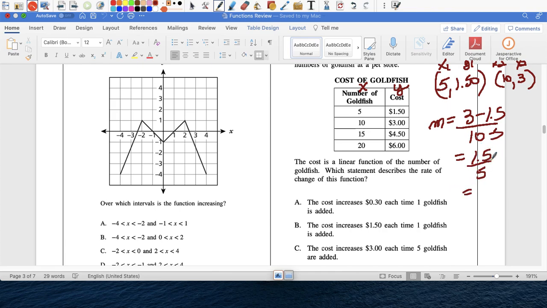And if you divide $1.50 by 5, you get 0.3. So each goldfish, so if I could add to my graph here, I can say 1 goldfish is 30 cents. So how is it changing here? Every time you buy a goldfish, you add 30 cents. Okay? The only one that makes sense, because the other one doesn't.